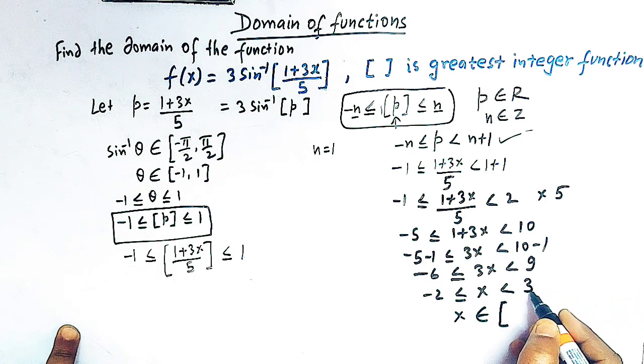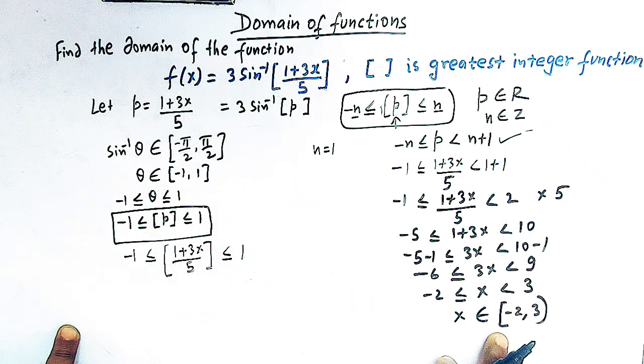Here 3 is not included, right? So the domain of this function is the interval from minus 2 to 3, where minus 2 is included and 3 is excluded.